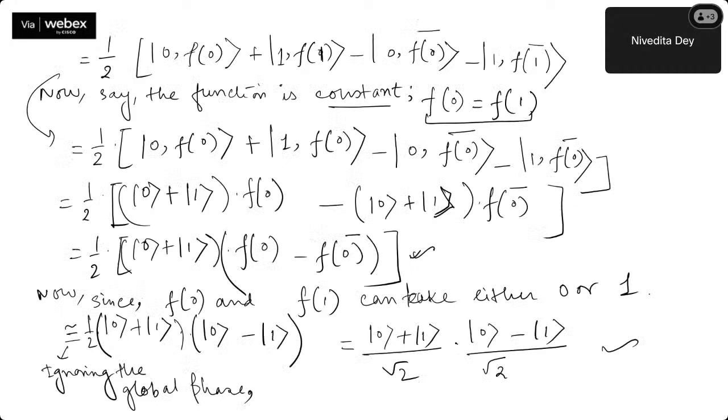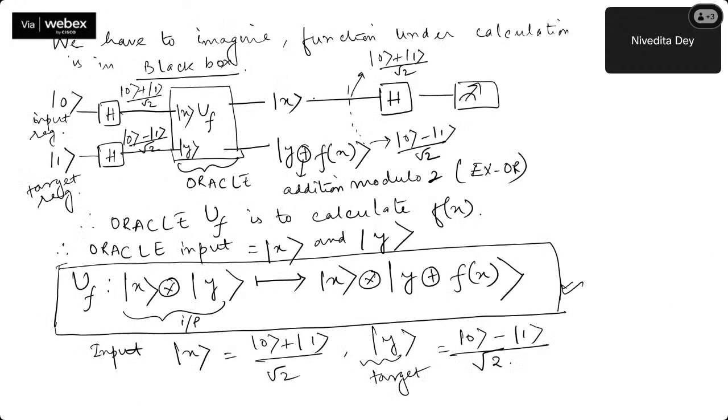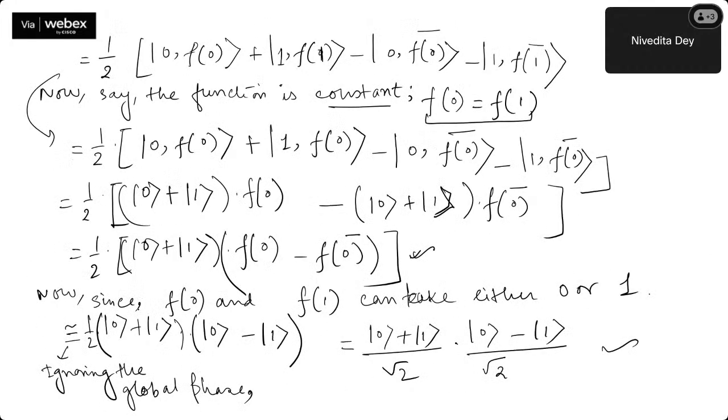Now if I apply, see what I'm doing next. I'm applying a Hadamard on the first qubit. Right? That is why from this I have written it in this way, like the first qubit and the second qubit form, only for that. So now what I'm doing is applying Hadamard on this particular thing.